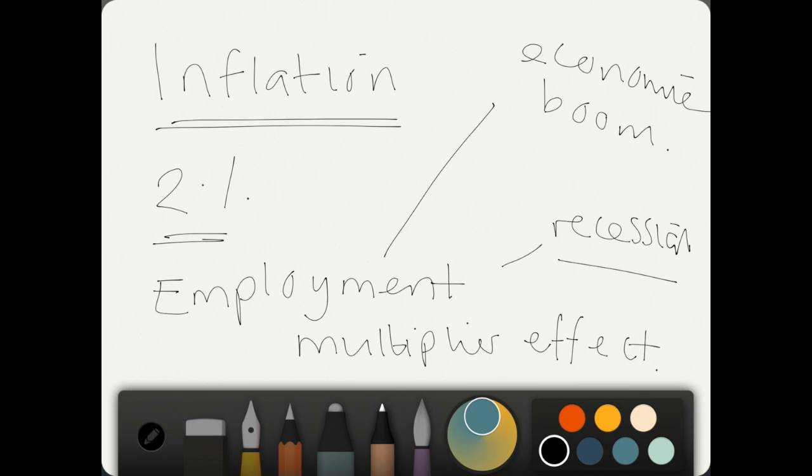So we make it here, which means we need more workers in order to produce the product, which we then sell abroad. So we've got that money coming into the country. The people that are employed in that business are getting wages, which they then go and spend. So the places where they're spending need to take on more workers. Those workers then spend money in the local community. And again, the multiplier effect kicks in. So you would need to be aware of that.